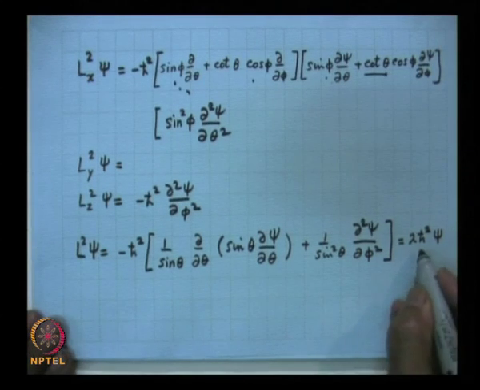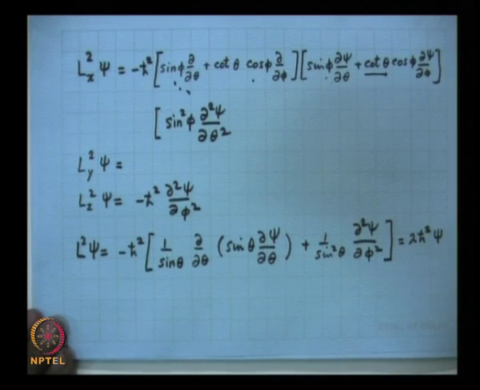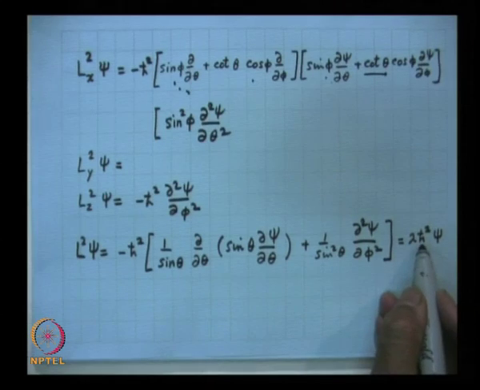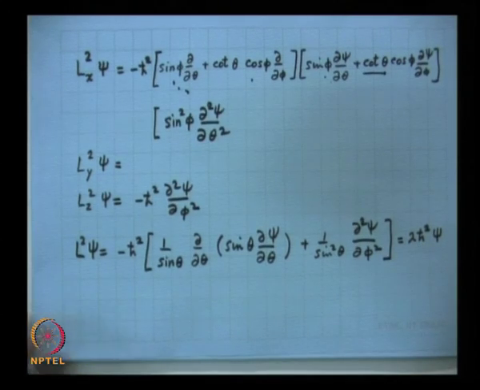I have introduced h cross square for the sake of convenience. So, the h cross square, which are constants, get cancelled, and I bring this term to the left hand side.